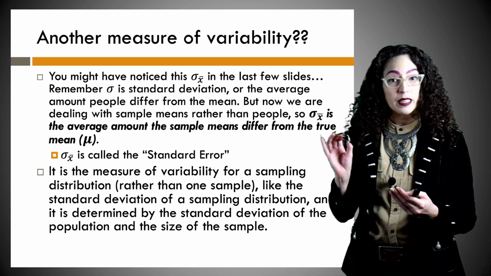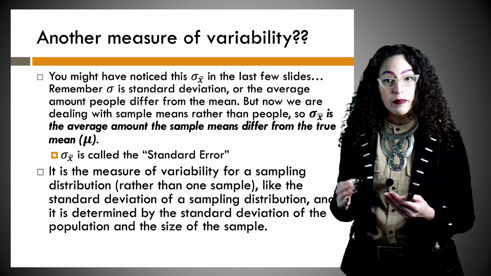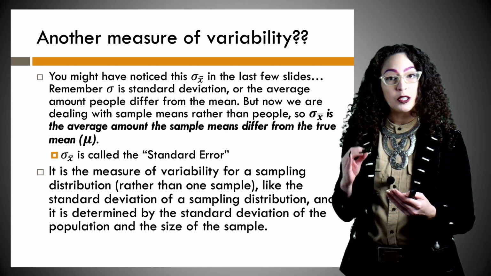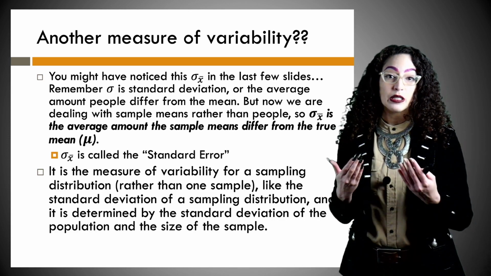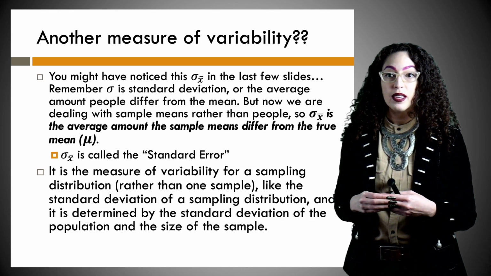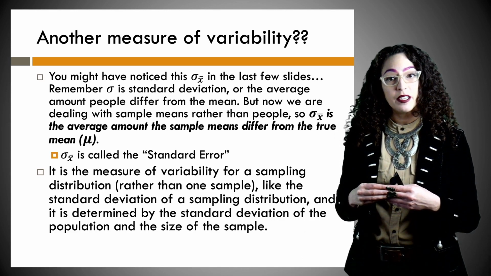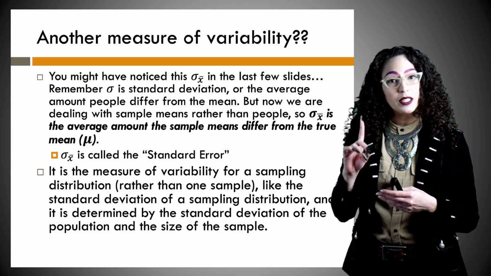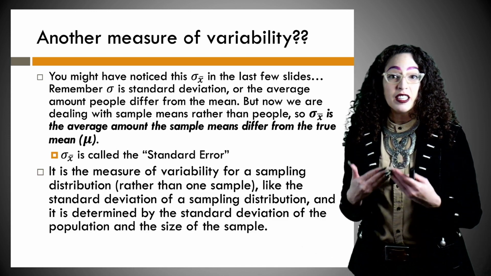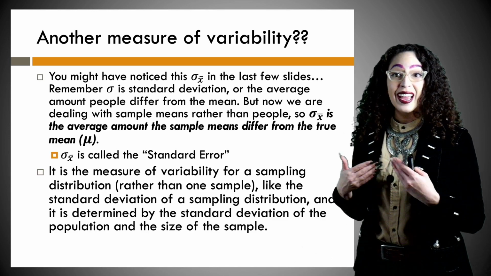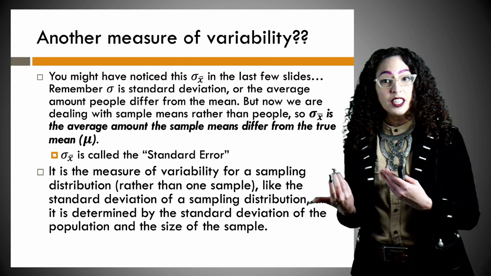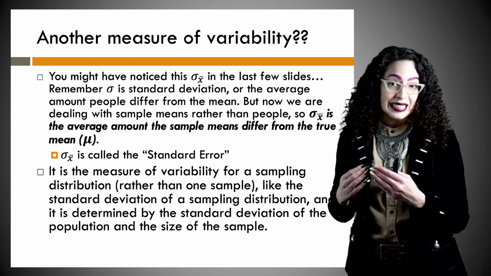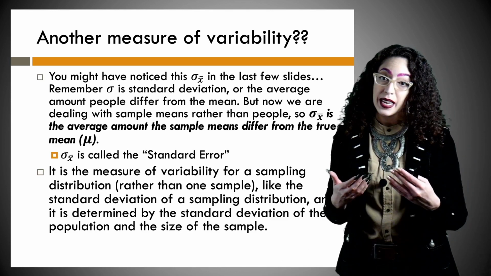So sigma sub x bar is the average amount the sample means differ from the true mean, and it's also called the standard error. It is a measurement of variability for a sampling distribution rather than just one sample, like the standard deviation of a sampling distribution, and it is determined by the standard deviation of the population and the size of the sample that was taken.